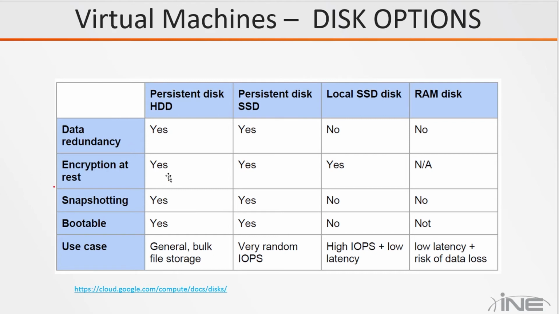So persistent disk, hard disk, again, is good for your general workloads. Persistent disk SSD is going to be more for random IOPS. That could be applications that are, for example, transactional, with high IOPS and low latency.